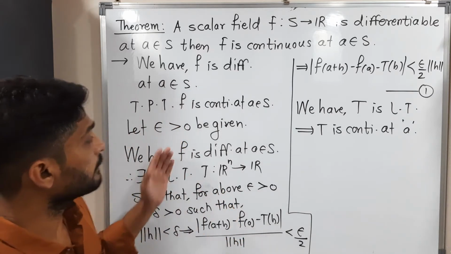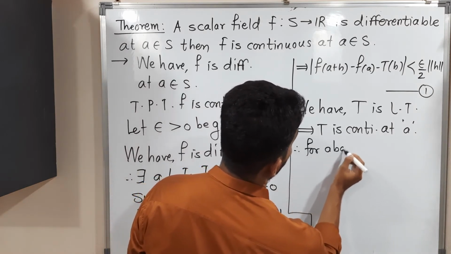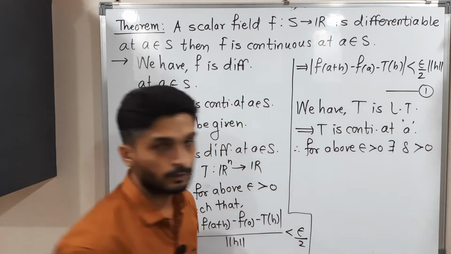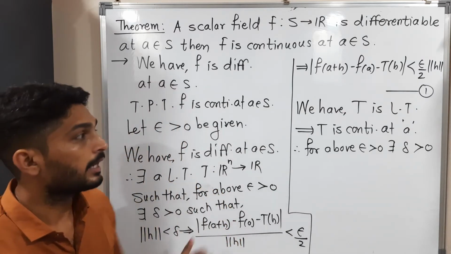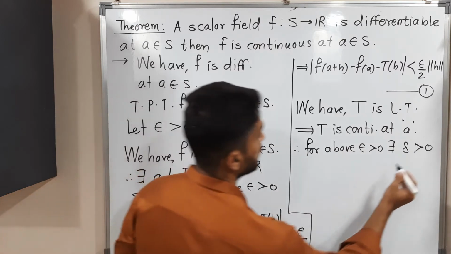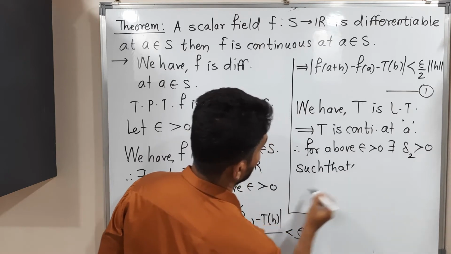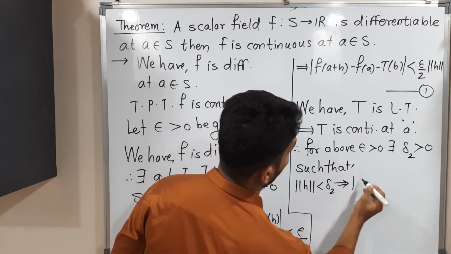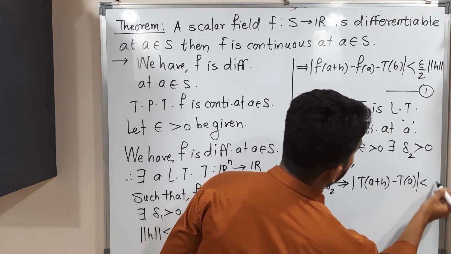Therefore, for the above epsilon greater than 0, there exists delta greater than 0. But we have already taken delta, so I will call it delta 1 and this delta 2, such that norm h less than delta 2 implies mod T of a plus h minus T of a less than epsilon.